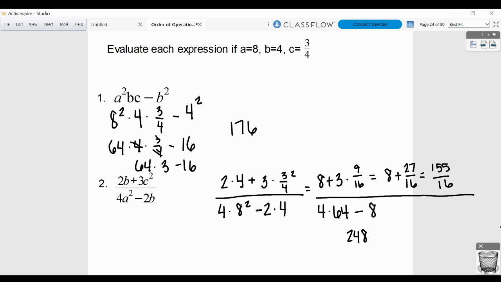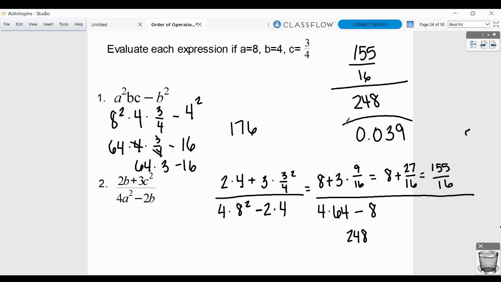So this is what you end up having: 155/16 divided by 248. If you wanted to put that in your calculator all at once, you can. And this one does not work out very nicely. It's 0.39.